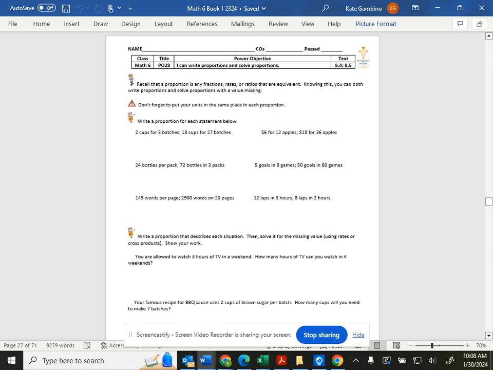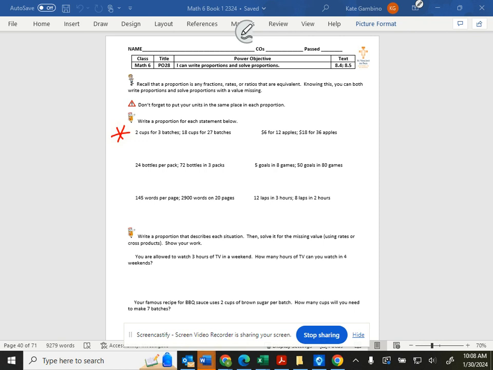I can write proportions and solve proportions. So if we have 2 cups for 3 batches and 18 cups for 27 batches, what does my proportion look like? Who remembers how I would write that proportion? We all need to know this. Anna?